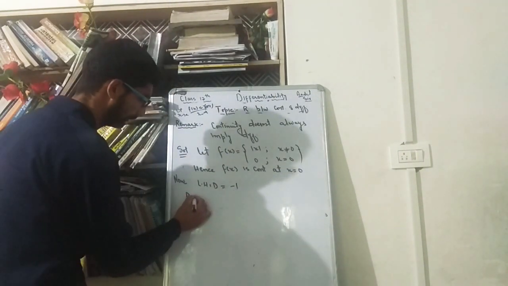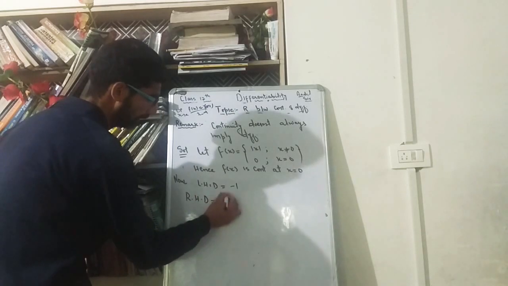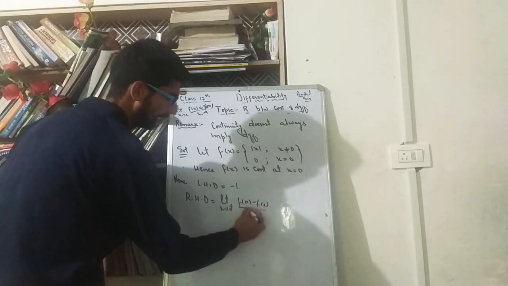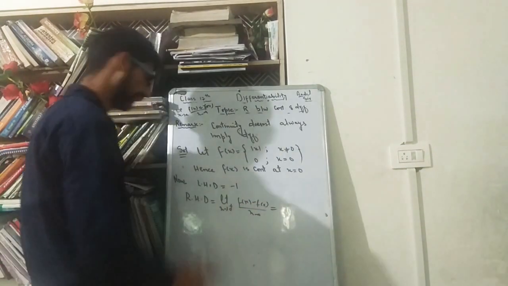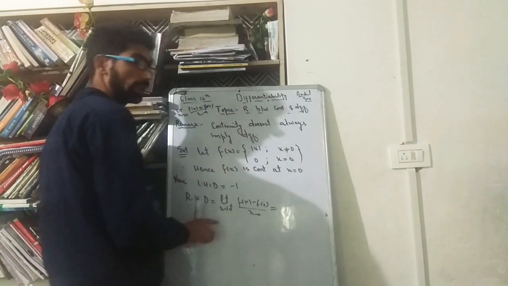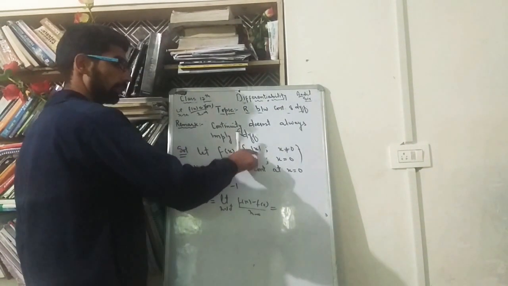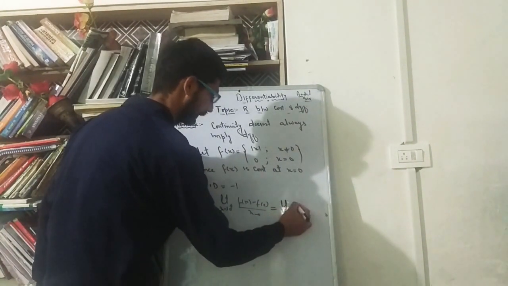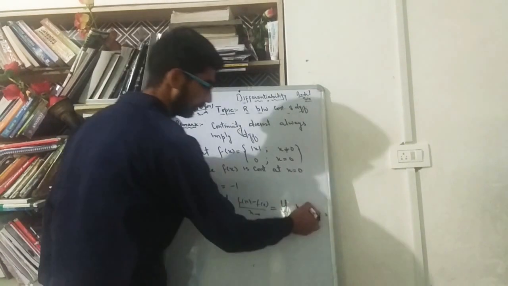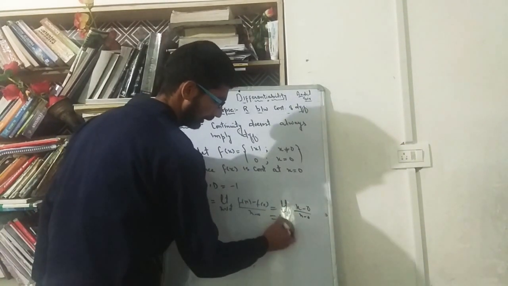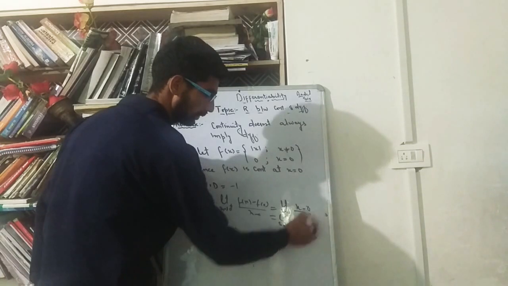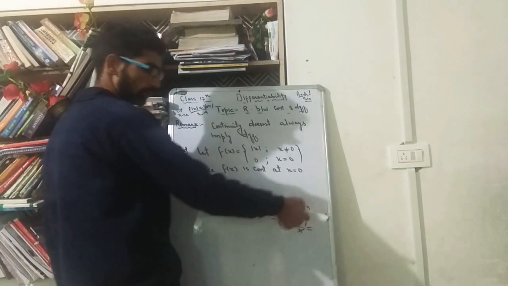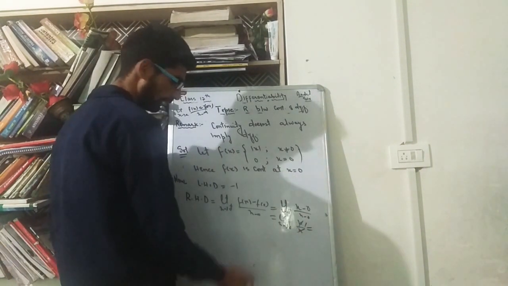Now right hand derivative, that is equal to limit x tends to 0 positive, f of x minus f of 0 divided by x minus 0, and it is equal to limit x tends to 0 positive, that means the values of x are greater than 0, and at that time the modulus of x is x, so it will be limit x tends to 0, x minus f of 0, that is 0, divided by x minus 0, so it is x divided by x, and it will be limit x tends to 0 positive of 1, that is again 1.